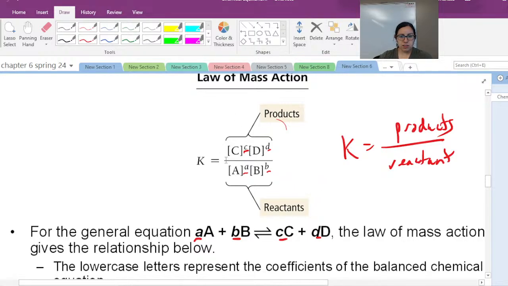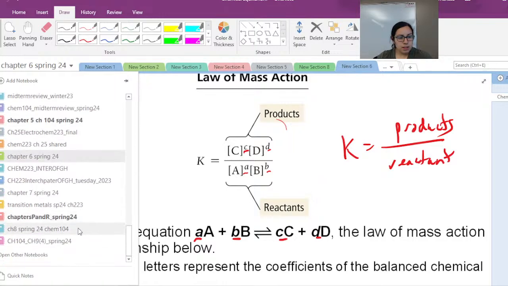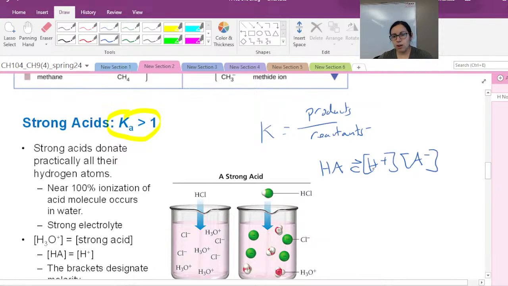All right. I just wanted us to orient ourselves because it's the same K. And again, we can just look at the simplified approach, products over reactants. You can also think about writing the expression in terms of HA, but HA gives you H plus and A minus, so our acid and conjugate base species.